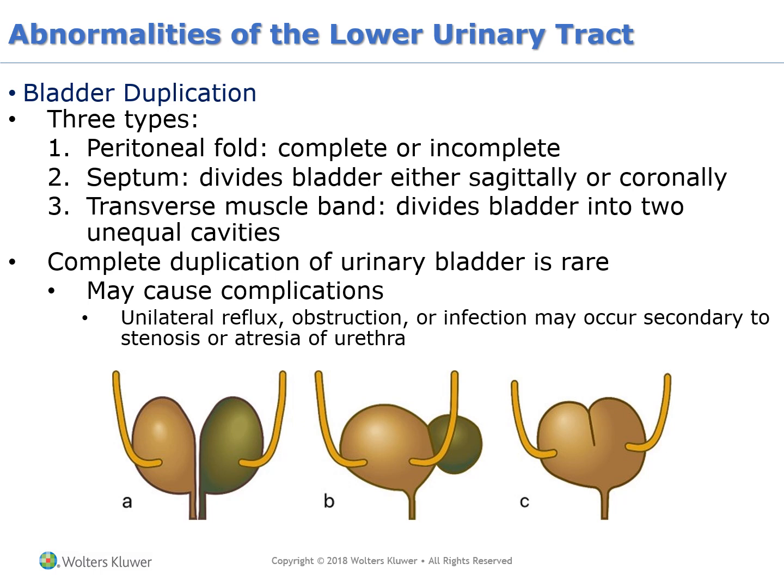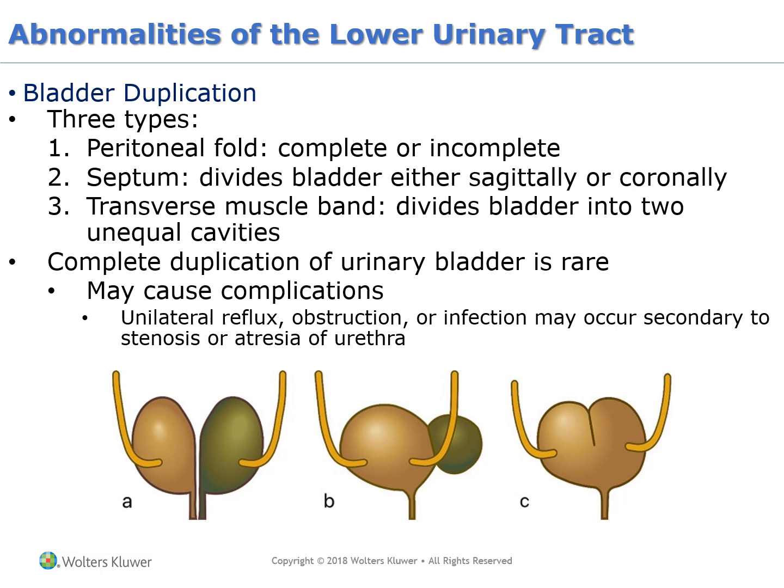There's a septation that compresses or separates that bladder into two separate components. We can have something called a true septum. This is something that actually grows down from the fundus of the bladder and separates the bladder either sagittally or coronally. And then there's something called a muscle band that divides the bladder into 2 unequal cavities, and this is usually in the transverse plane.